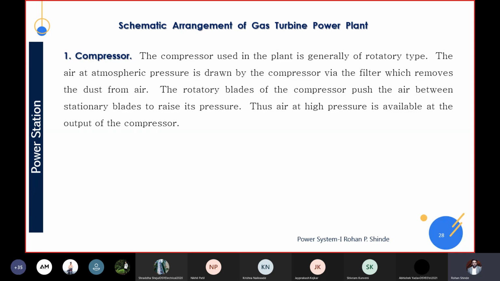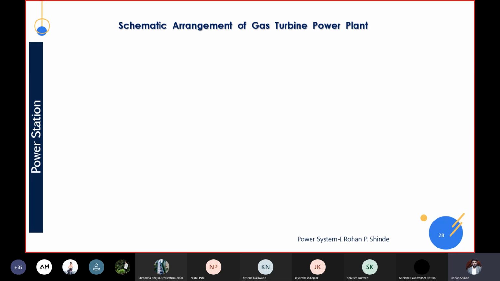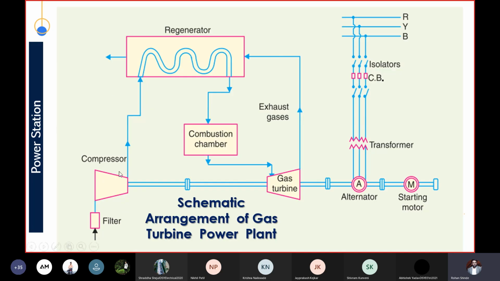The compressor used in this power plant is generally of a rotatory type. Why is it rotatory type? Because the same shaft is there for the gas turbine, the alternator, and the starting motor.